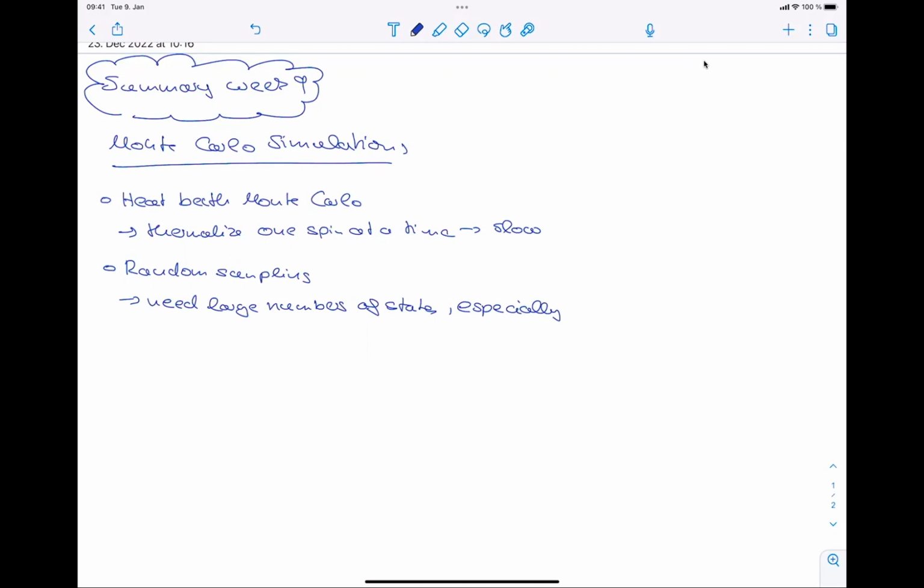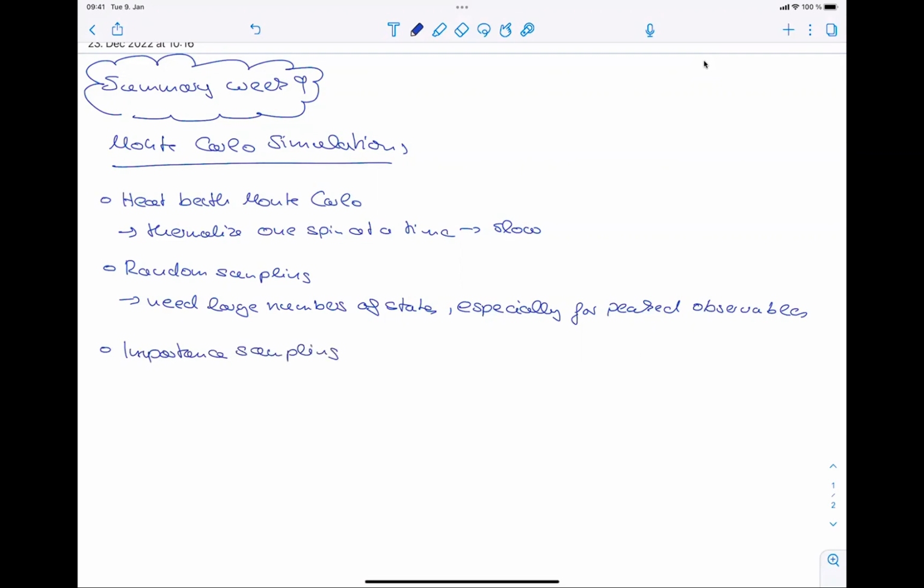To make sure that we really sample this narrow region of states that contribute most by random sampling is very hard. And so this laid then the foundation to motivate importance sampling.